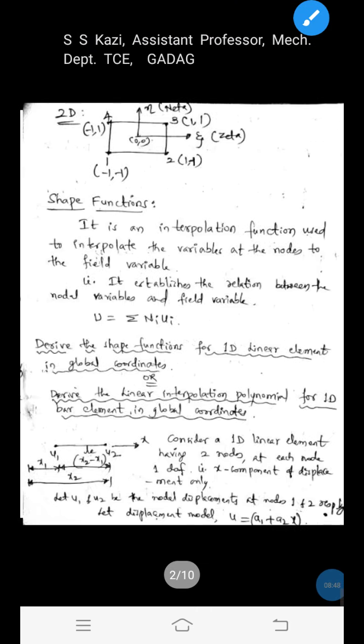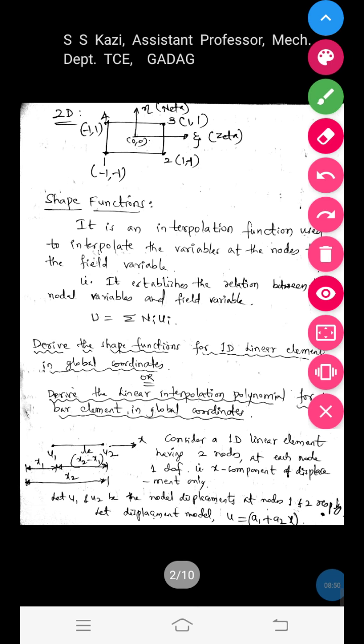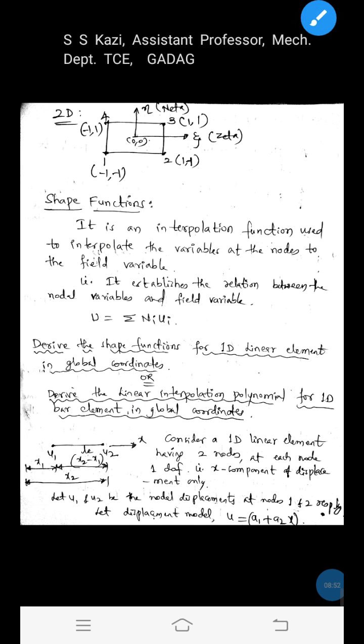Now let us derive the shape functions for a 1D linear element in global coordinates. That is, the global coordinate is x for a 1D element. Or this derivation may also be expressed as: derive the linear interpolation polynomial for a 1D bar element in global coordinates.